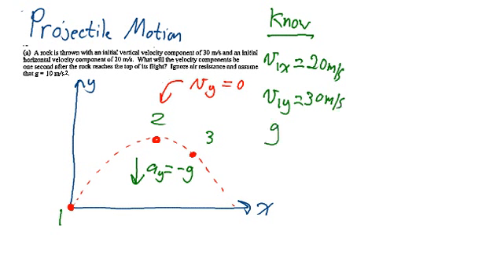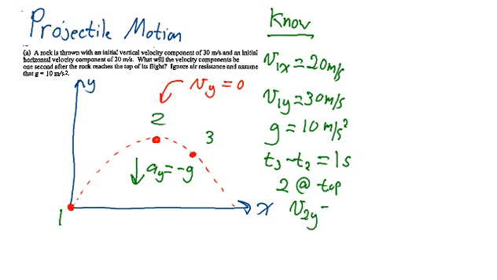We have the approximate value of g, 10 meters per second squared, and the time interval between point 3 and point 2 is given to be 1 second. And point 2 is at the top, because the y velocity at point 2 is going to be equal to 0. Alright, so we want to find the value of the velocity components at point 3, v3x and v3y.